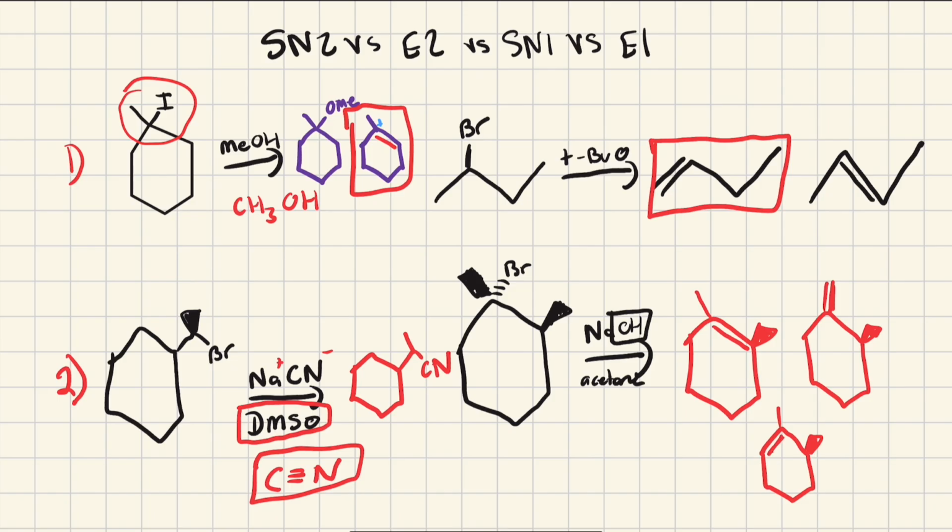Which one will be the major product? If our alkyl halide or our base don't have a lot of steric hindrance, we're going to go for the Zaitsev product. We're going to go for the product that has the most substituted carbons in the carbon-carbon double bond. That's going to be the first one that we drew right here. The carbon that's on the right has this methyl group and another carbon.